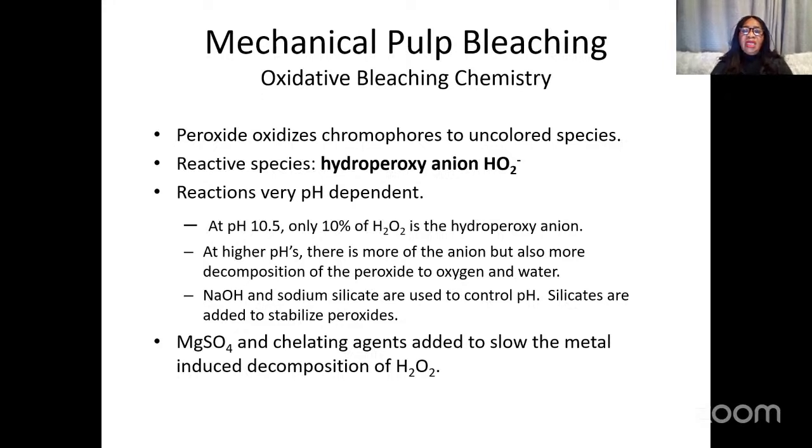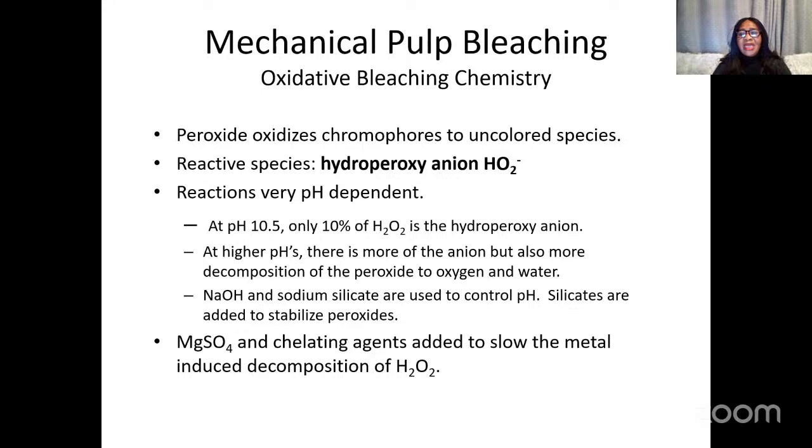These reactions are very pH dependent. At pH 10.5, only 10% of the hydrogen peroxide is the hydroperoxy anion. At higher pH, there's more of the anion, but also more decomposition of the peroxide to oxygen and water.